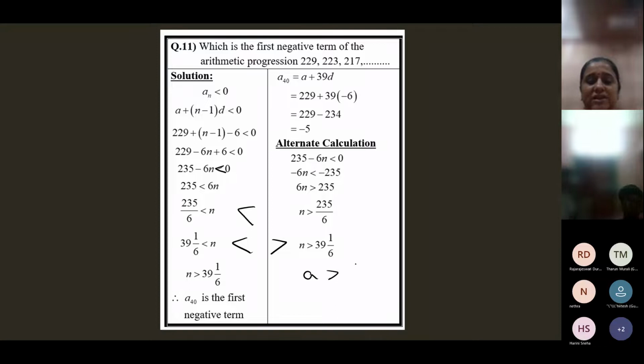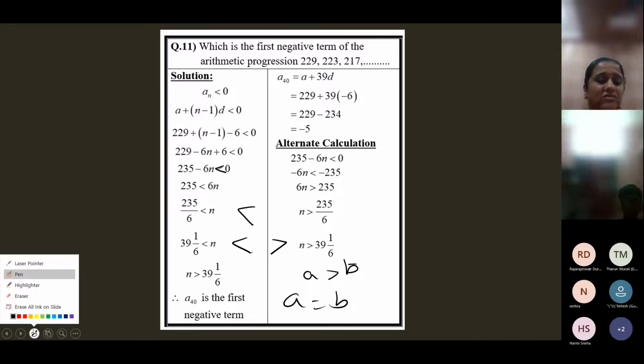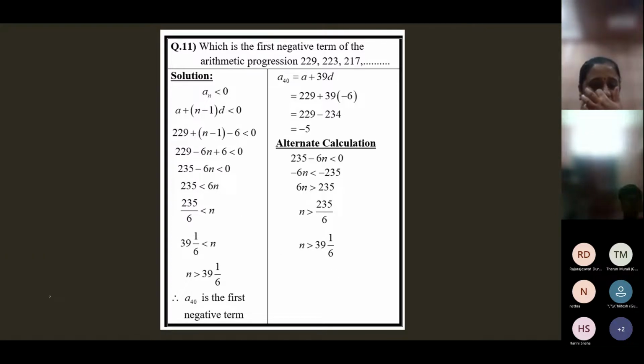When you say A is greater than B, it's an inequality. What you have on both sides are not equal. One is greater than the other, or one is less than the other. But when you say A is equal to B, it's an equality. Both sides are equal, LHS is equal to the RHS. So you're working with an inequality.